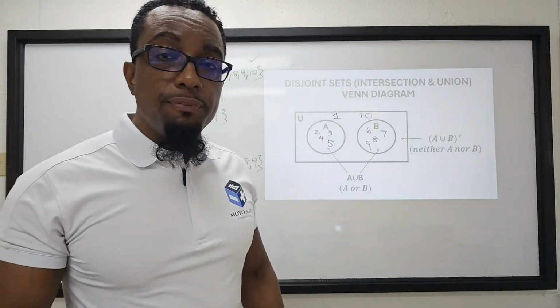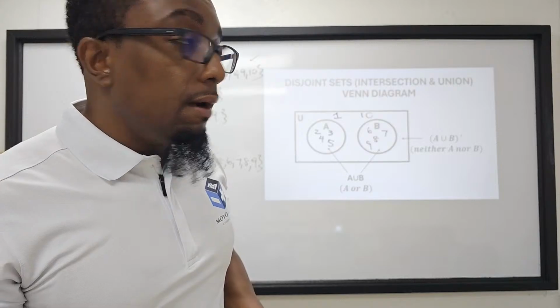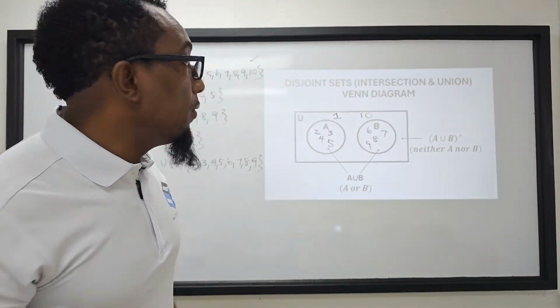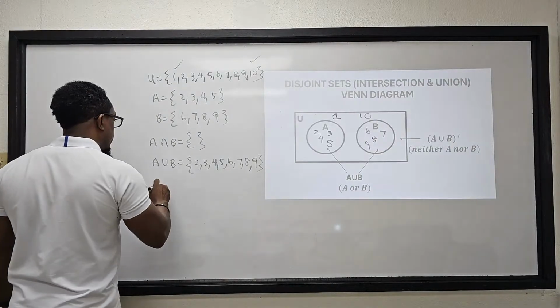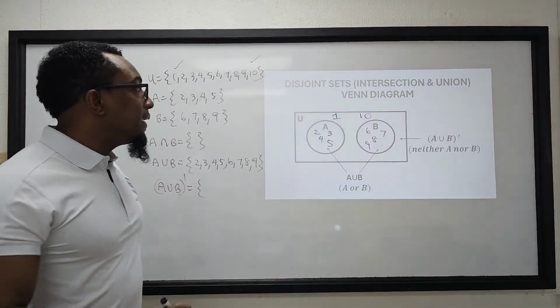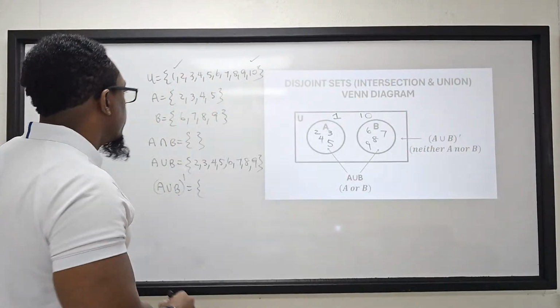And if they ask us for the complement of A union B, then we know that's neither A nor B. The complement will be the elements 1 and 10.